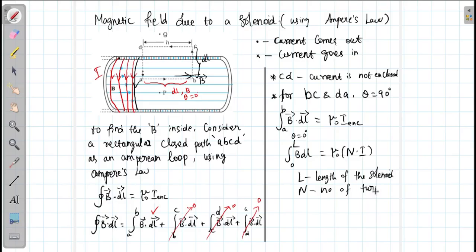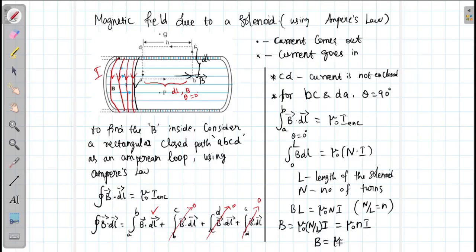If you integrate this, it becomes BL, which is equal to mu naught N I. Taking L to the right hand side, B becomes mu naught N divided by L into I. As we told already, N by L becomes small n. Therefore, B equals mu naught n I. So this is the answer, and that's all.